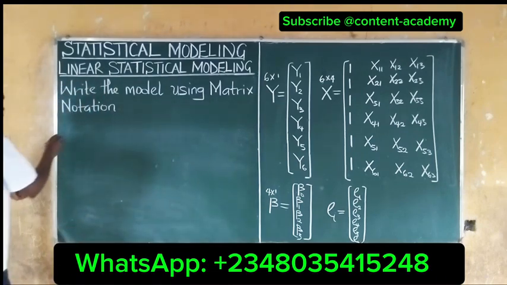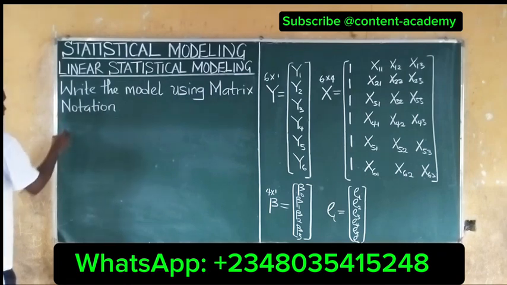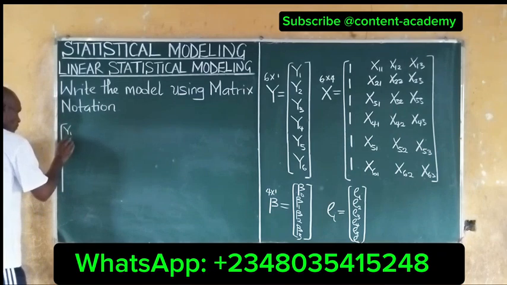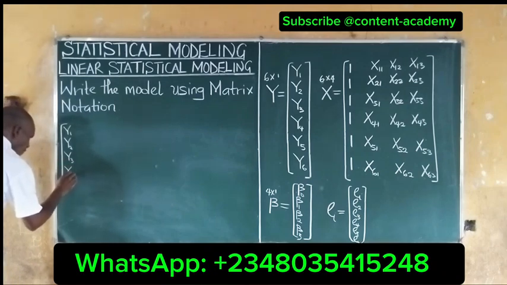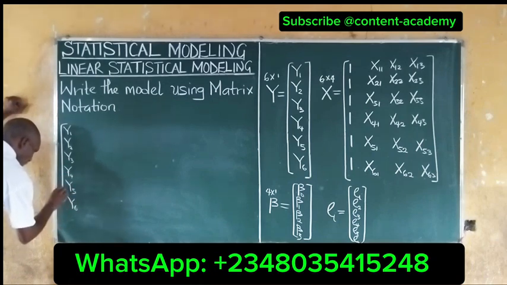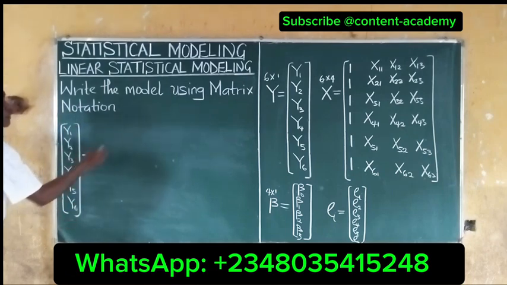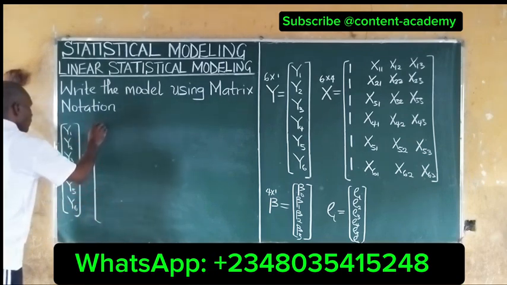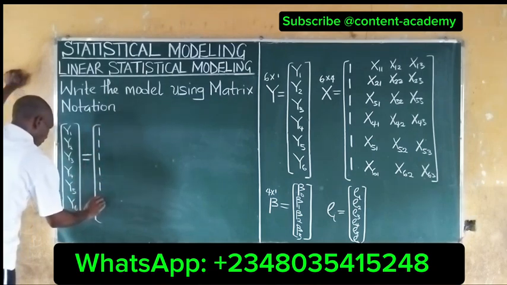This time we'll now write y1, y2, y3, y4, y5, and y6 will be equal to X, with rows 1, 2, 3, 4, 5, 6.